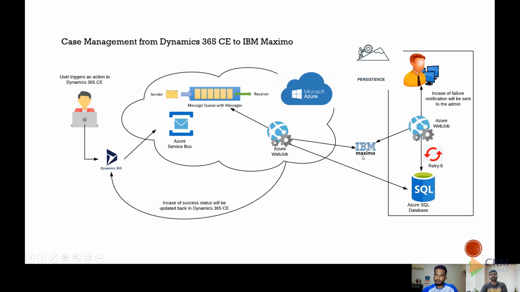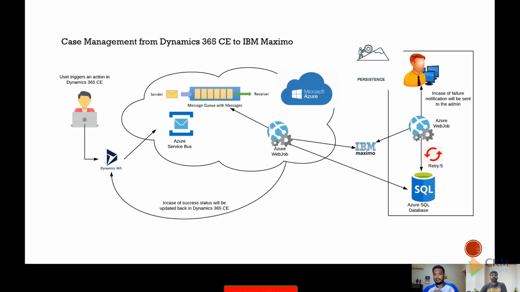In our scenario, we have used the IBM Maximo tool, and in future, some other people may get a requirement to use some other tool. They can plug in whatever tool they want, and they just need to expose the web API to the Azure Web Job, and the web job will use that web API to create the record in the tool.